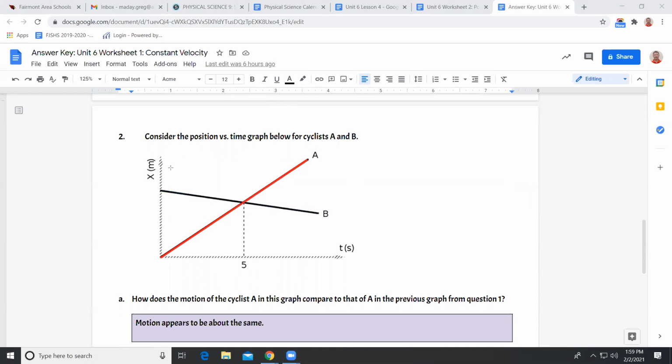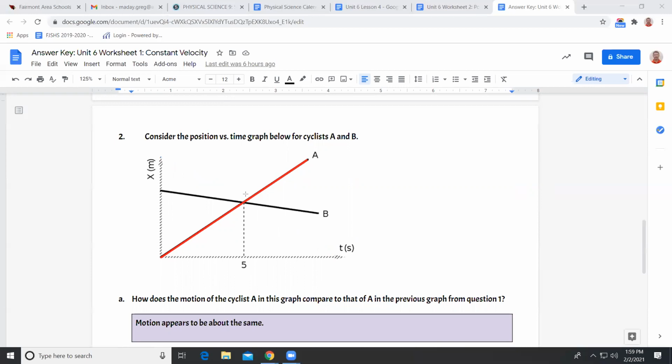Say slope A is a positive 5 meters per second, and the blue line is a negative 5 meters per second. They're still traveling at the exact same velocity. They're just moving in the opposite direction.